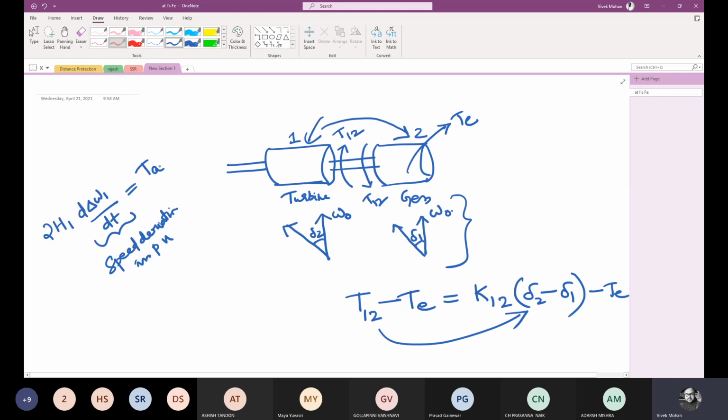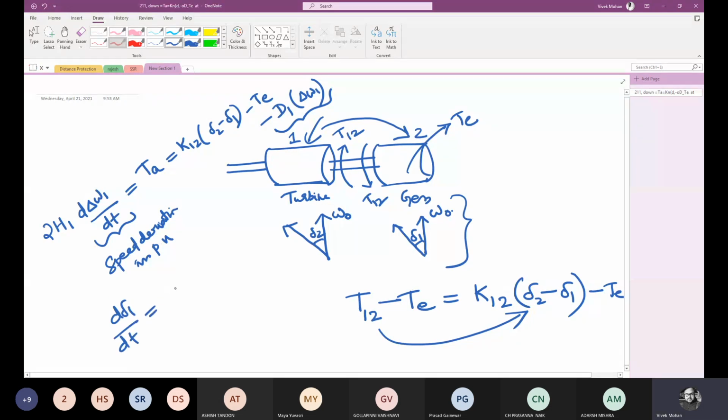So TA is equal to K12 into del 2 minus del 1, minus TE, minus D1 into delta omega 1. This is the damping torque, D1 into delta omega 1. Now what is d del 1 by dt? It is equal to the synchronous speed omega naught into delta omega 1, which is the change in speed.